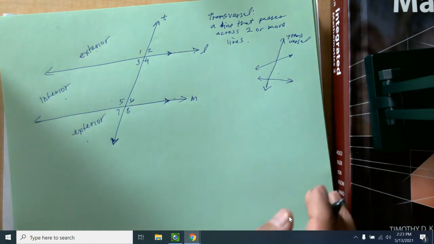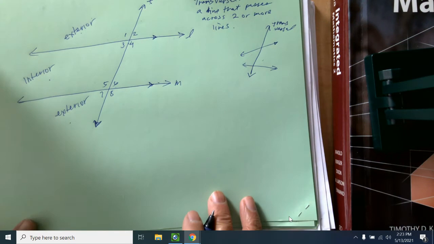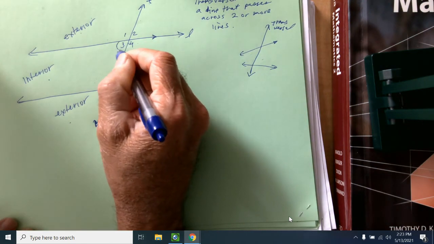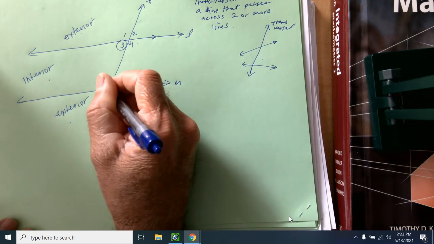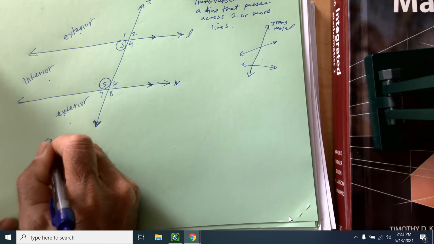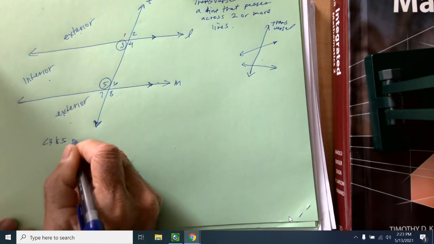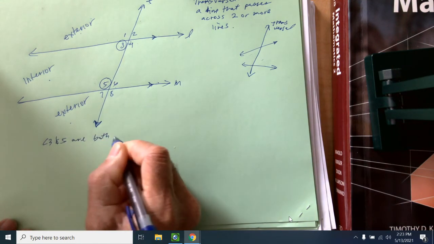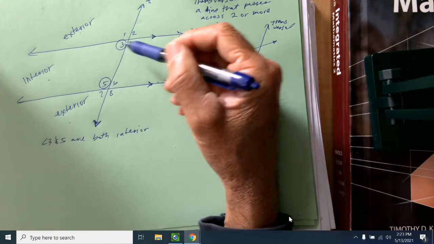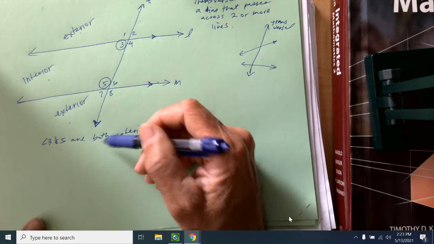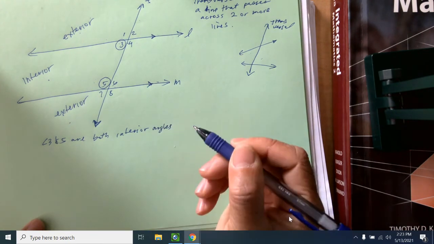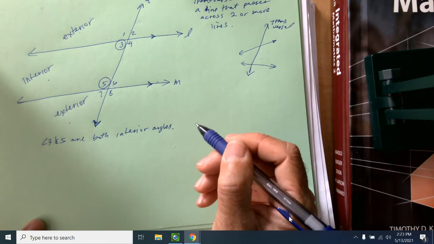And I'll start with the ones that I think make the most sense first. So if we look at angle 3 and angle 5, for instance. Okay, so angle 3 and angle 5 are both interior angles, right? They're both on the inside, so that makes them both interior angles. Okay, so that's one thing.